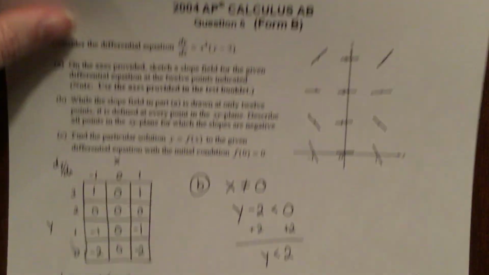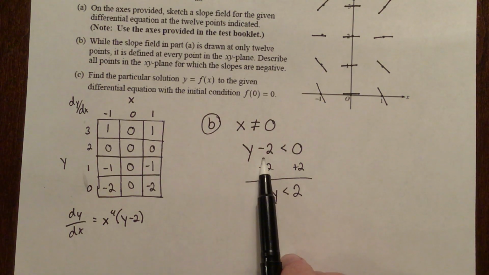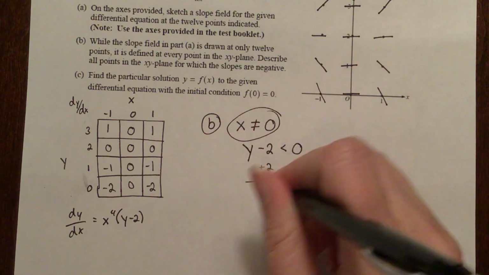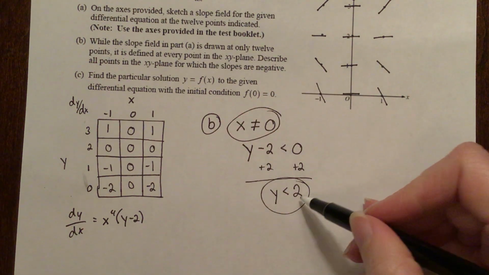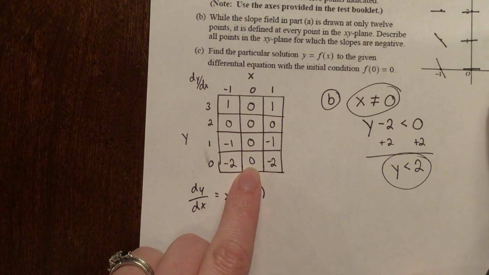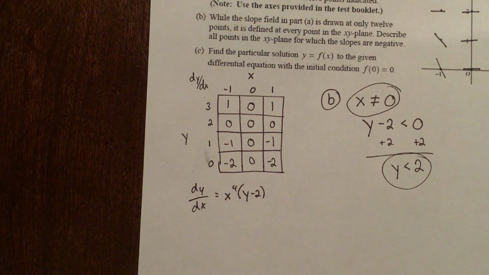Oh my gosh, you couldn't see a thing. Okay, so that set of parentheses has to be less than 0. We add 2 to both sides, y is less than 2. Fantastic. Both of these things have to be true, because if y is less than 2, but x is 0, we still get 0 slopes instead of negative slopes. So that's all you really have to do for part B.